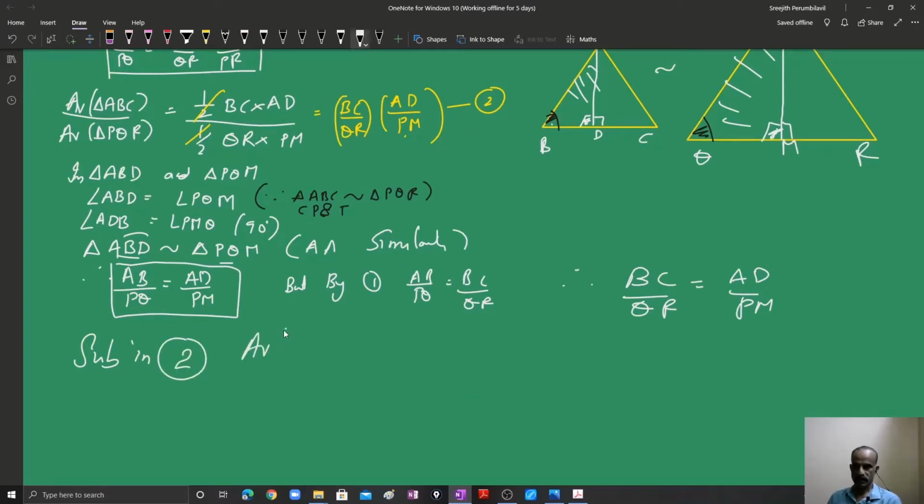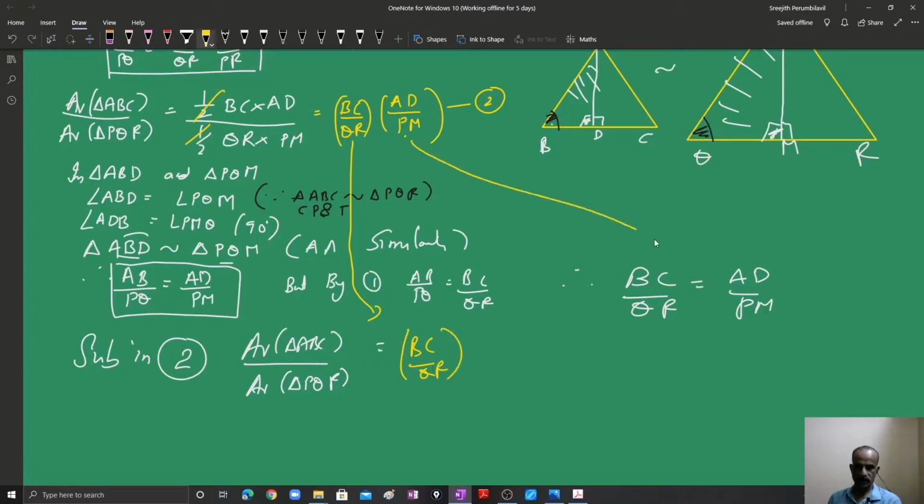That is, area of triangle ABC by area of triangle PQR is equal to BC by QR into AD by PM.